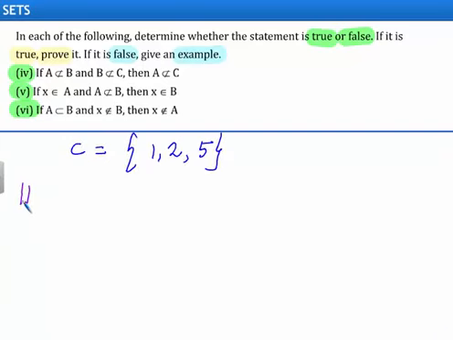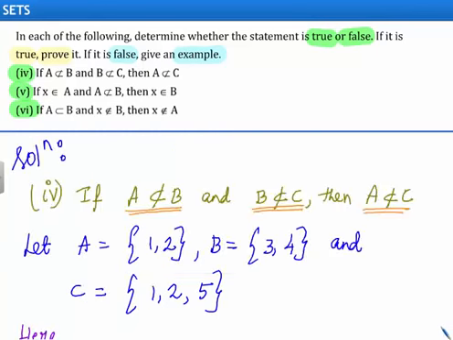Here, we can see that A is not a subset of B and B is not a subset of C.